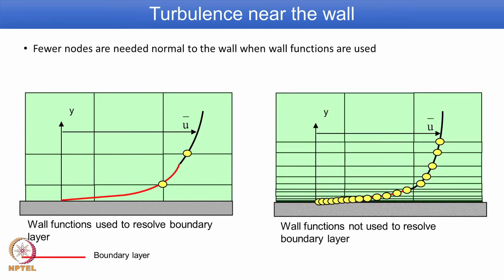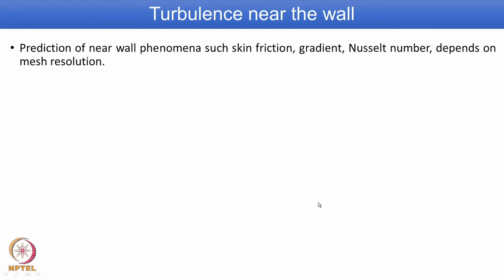If you happen to have the luxury of a very fine mesh near the wall as shown here, then a wall function cannot be used, because you are able to integrate all through the wall layer up to the point on the wall. So, prediction of near wall phenomena, for example skin friction coefficient, any wall normal velocity gradient, or Nusselt number, depends on mesh resolution near the wall.